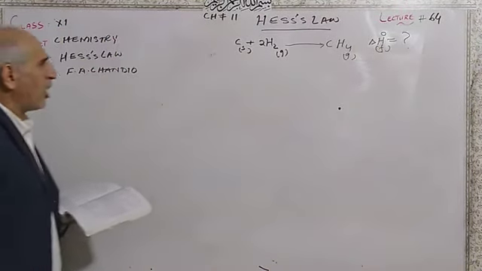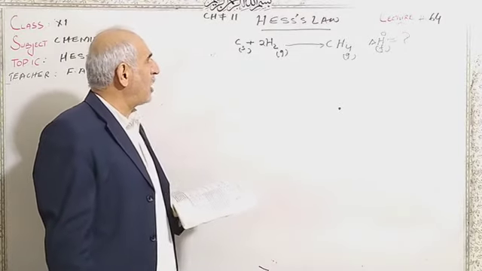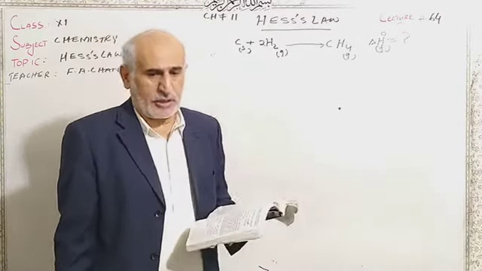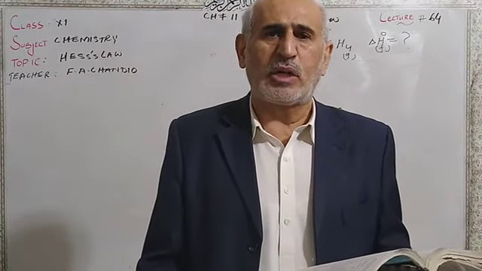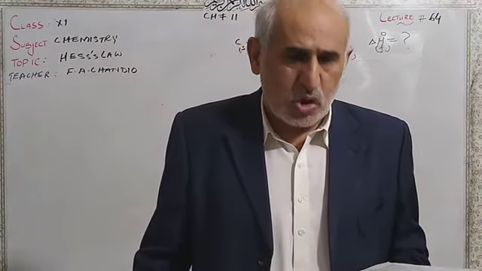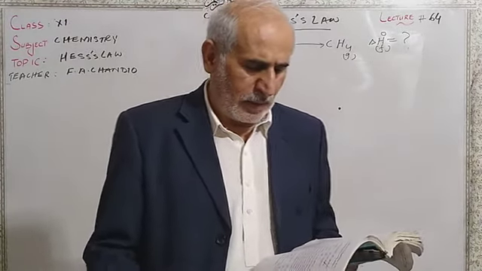Calculate the heat of formation of methane by using Hess's law of constant heat summation, by using the indirect method, the indirect way to calculate this one. Some information will be provided by the examiner.